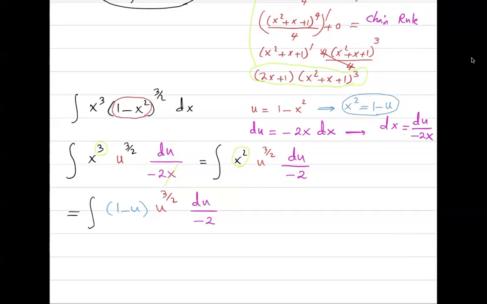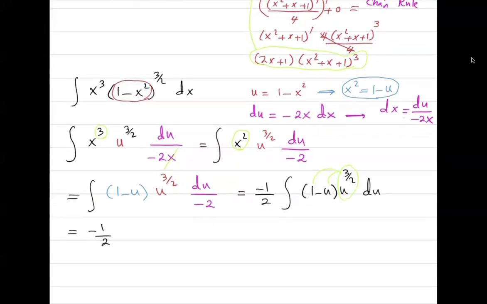Well, it makes it much easier to calculate this integral. Why is that? Because this is negative a half integral of 1 minus u times u to power 3 halves du. I'm going to distribute u to power 3 halves into the parentheses. This becomes negative a half integral of u to power 3 halves minus u to power 1 times u to power 3 halves du.